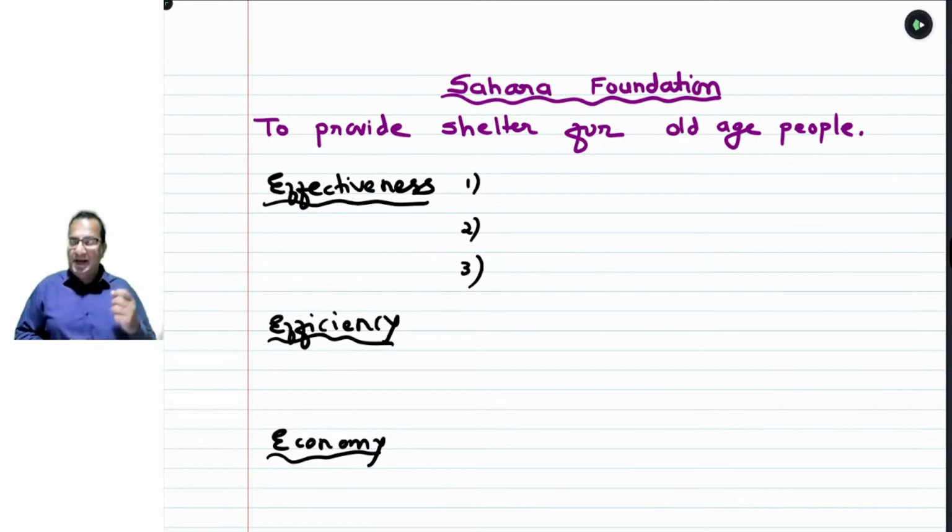And then under economy come electricity, rent, medical facilities, recreational facilities, and whatever payment we are making to our support staff, whether they are within our budget or not, without compromising the quality of the product. Right. Write one last point, beta, after that we will go to the questions.